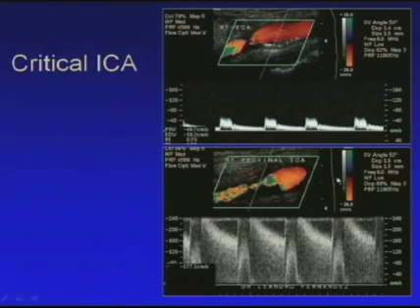And here we have an example. In this case, the previous velocity is only 48.7 centimeters per second. But exactly in the area of the stenosis, the velocity reaches here 477, so 10 times the previous velocity. This is a critical internal carotid artery stenosis.